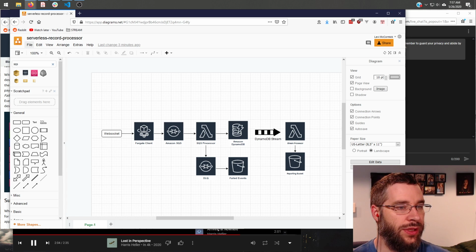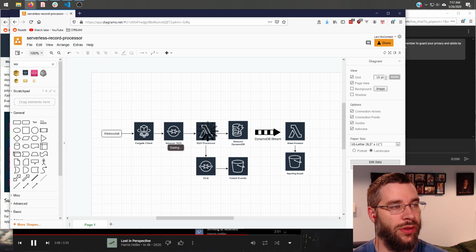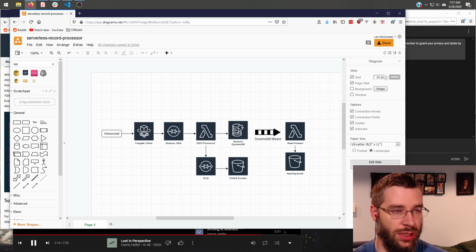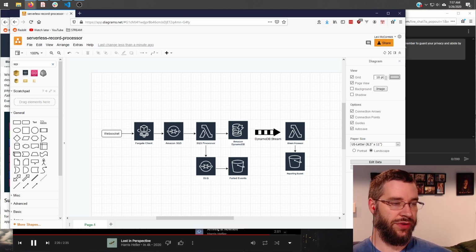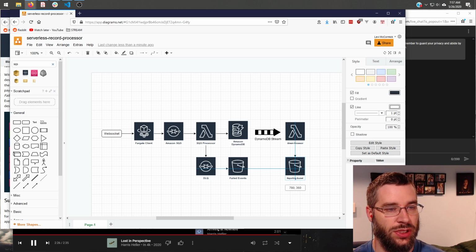All right, I think that is going to be the architecture diagram for now. We'll probably evolve these things over the course of our development, but this will grow. This will evolve.